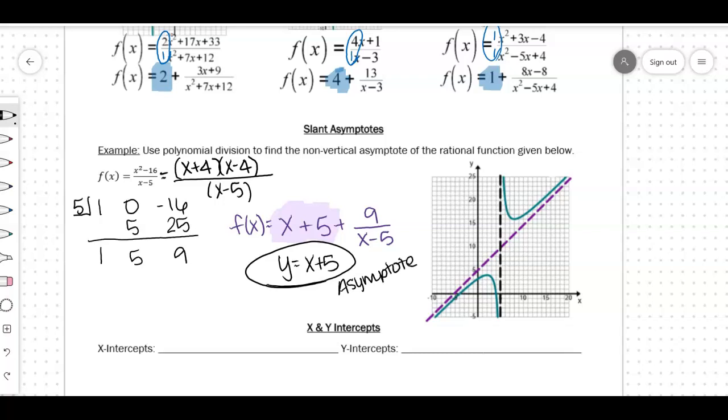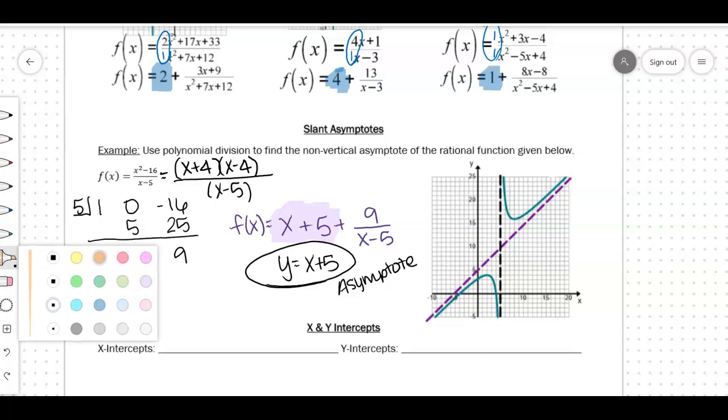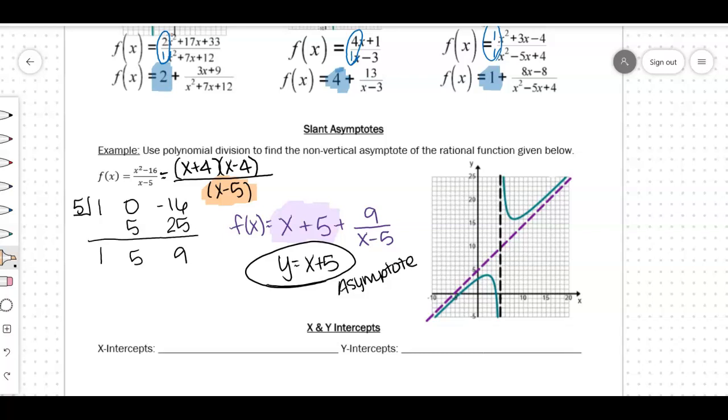So, looking at this graph compared to its function, x minus 5, we know x can never equal 5. That's where we get this vertical asymptote from. We don't have any holes because no factors canceled.